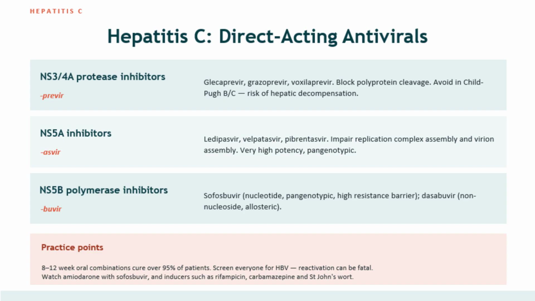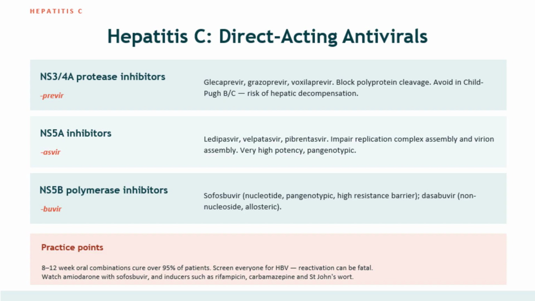Buvir means an NS5B polymerase inhibitor, with sofosbuvir as the pangenotypic backbone. Learn the 3 suffixes and you can classify almost any regimen you meet. We combine them because attacking 3 targets at once crushes resistance.